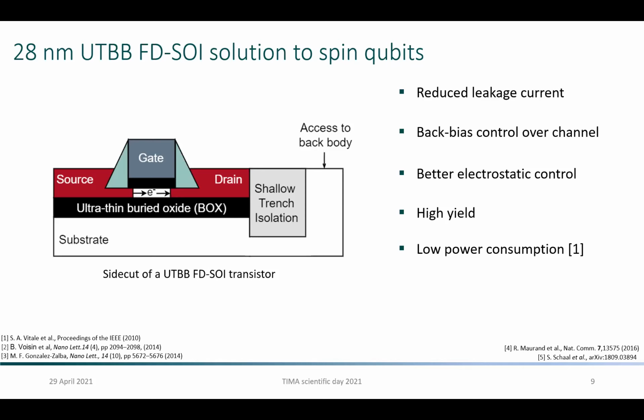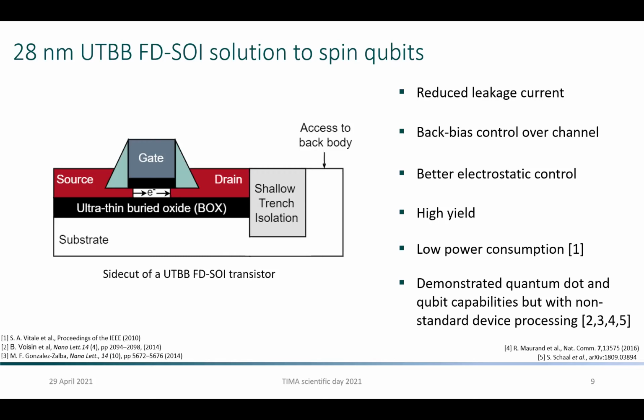And beyond that, variations of commercial FD-SOI have been used to demonstrate quantum dot and qubit capabilities. Indeed, the first multi-project wafer test structure that my group fabricated allowed us to demonstrate some of these features.